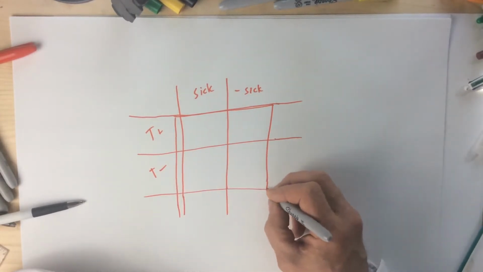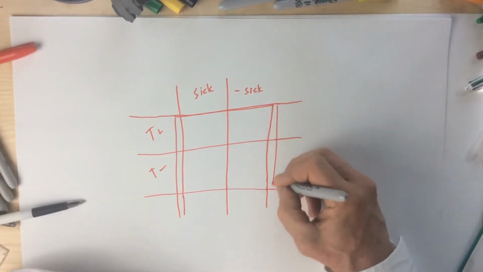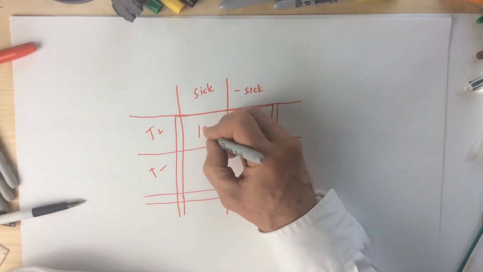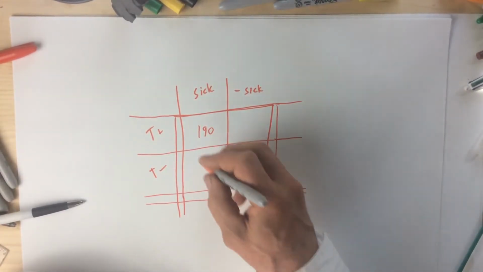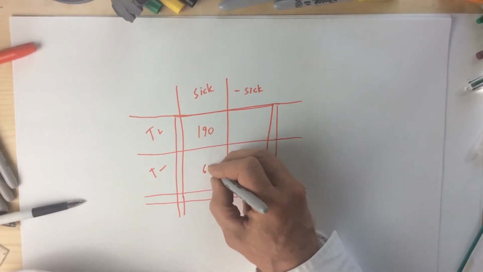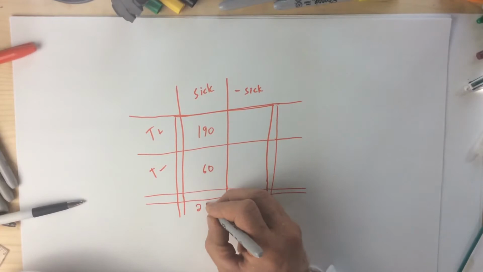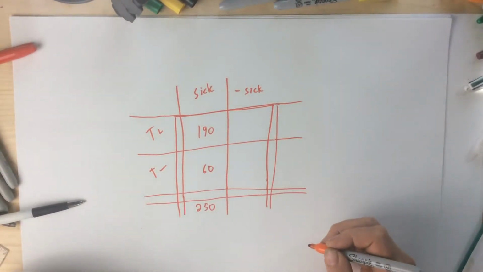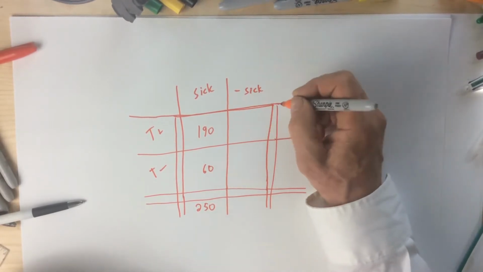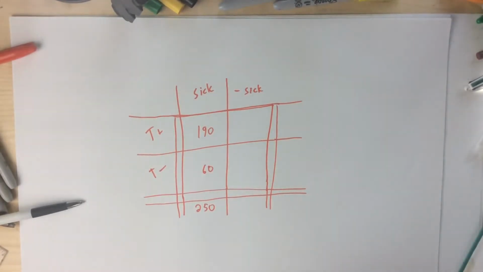I'm going to use empirical numbers here and deduce probabilities from them. So let's say if you're sick, it's 190 positive, and if you're sick and you test negative, it's 60, that's 250. And let's suppose that you're not sick when it tests positive. I think I have a number here I want to make sure. Yeah, let's do 50.